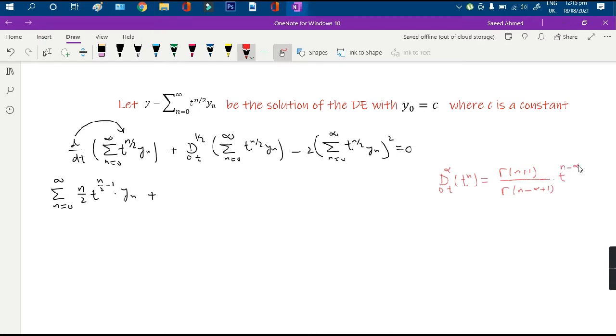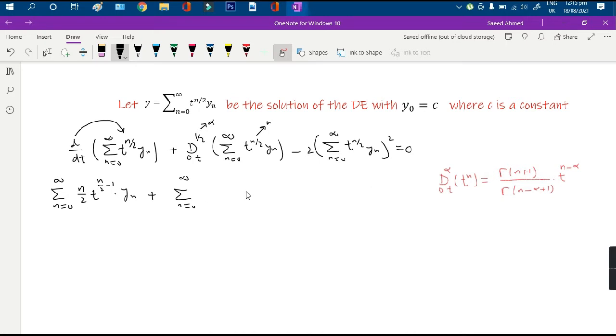Here alpha is of course 1/2. Using this formula, we can again switch the series and the fractional derivative, the series from n equals 0 to infinity, and here n is n/2.